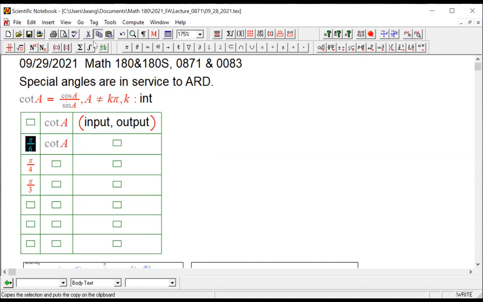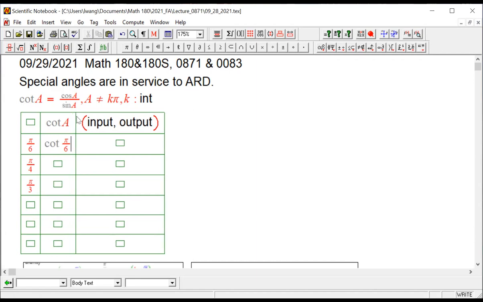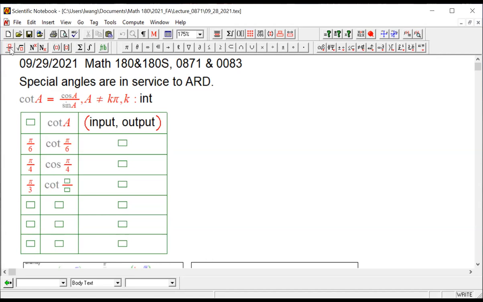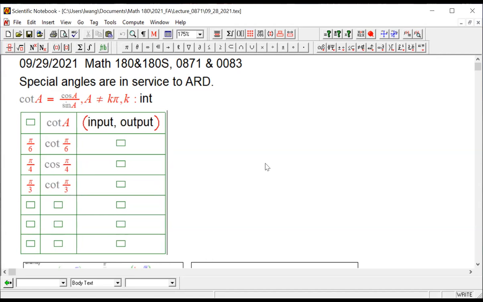Everybody roll up your sleeves. Do it. When you do these exercises, you are reviewing from pre-algebra to trigonometry.